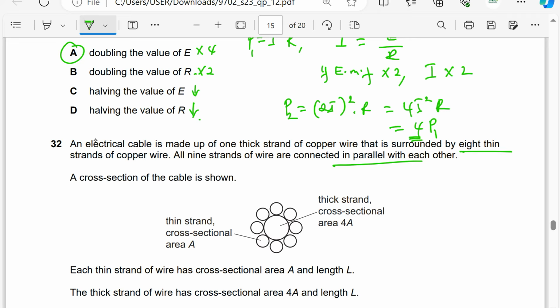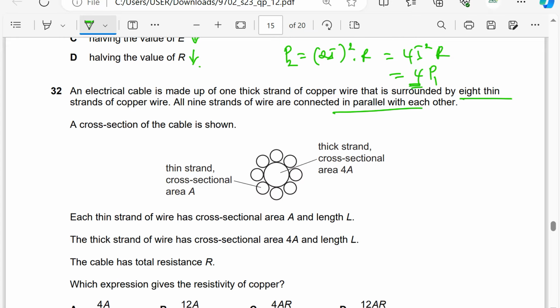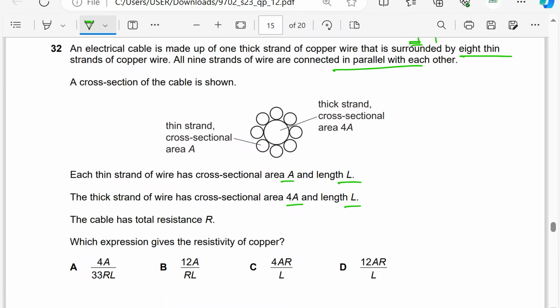A cross-section of the cable is shown. Each thin strand of wire has cross-sectional area A and length L. The thick strand of wire has cross-section area 4A and length L. The cable has total resistance R. Which expression gives the resistivity of copper?